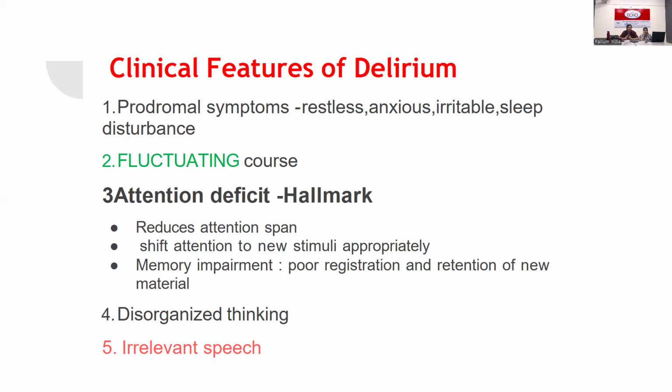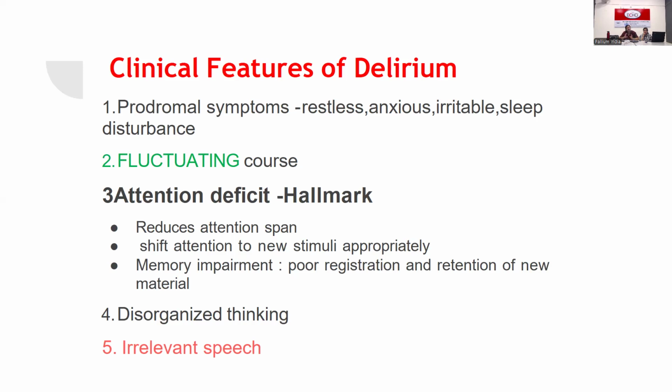Now, the second clinical feature is fluctuating course. What is that? I can give an example. The patient's caregiver will tell you clearly, "Ma'am, my father is okay in the morning, and in the afternoon he speaks some irrelevant speech, and in the evening he's okay.